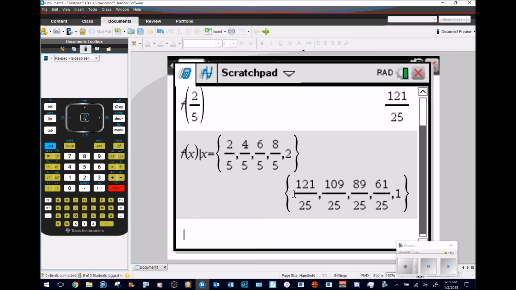To do that, I can just cursor up with the up arrow, and then I can use the shift button in conjunction with a right arrow. You might have to play around with this a little bit on your calculator to pull this off. But essentially what you're going to do is just highlight those 5 numbers.